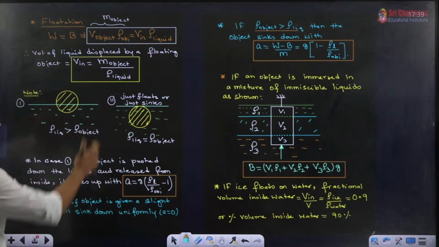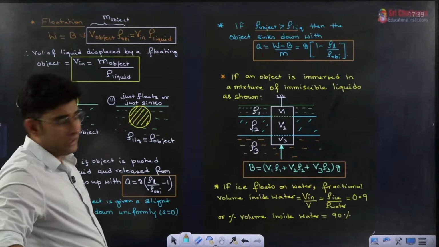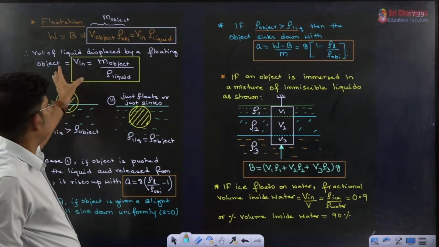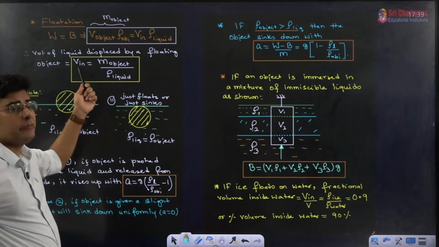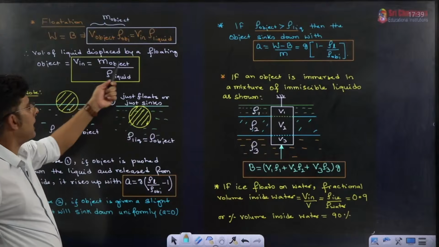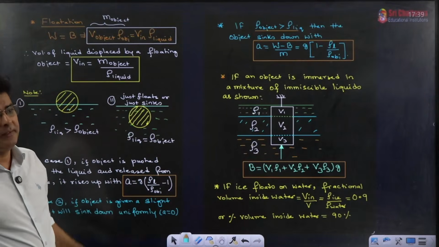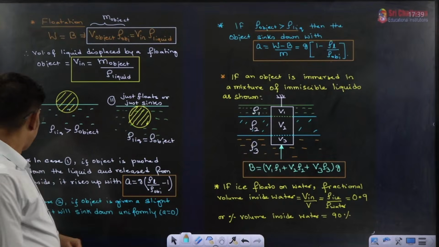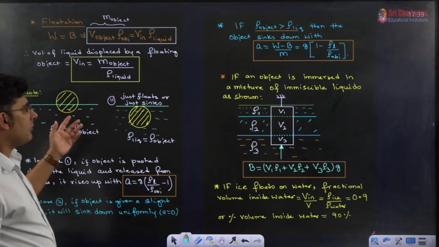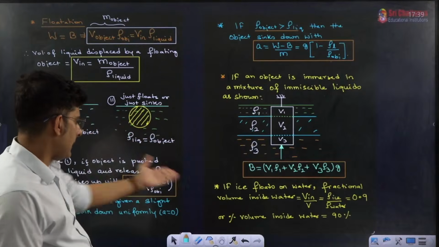That's it. So sometimes they ask in question that what is the volume of liquid that is displaced by a floating object. So you will say volume of liquid displaced by floating object is nothing but V inside. And what is V inside? Mass of the object by density of liquid. Simple thing, mass of the object by density of liquid. For example, if we say that object we are taking, say, is ice, I have written over here.